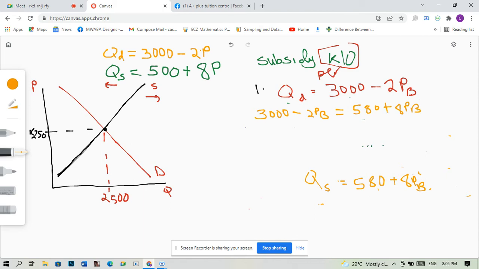Okay, we put like terms together, so we take this 580 to this side, so it will be 3000 minus 580 equals 8PB plus 2PB.